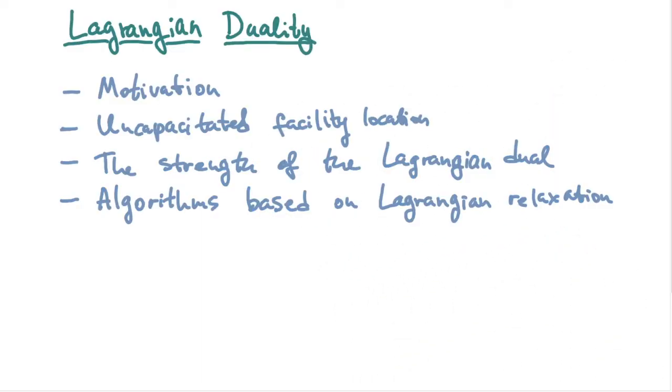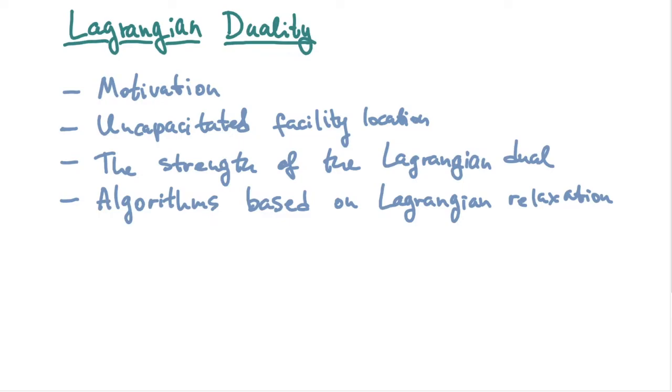In this video, we focus on Lagrangian duality for integer programming. The video consists of 4 parts. We start with a motivation for general optimization problems, then we switch to the integer programming case and discuss the uncapacitated facility location example to illustrate the concepts.